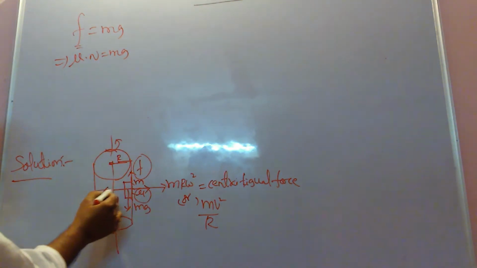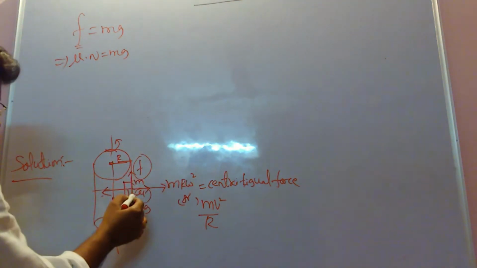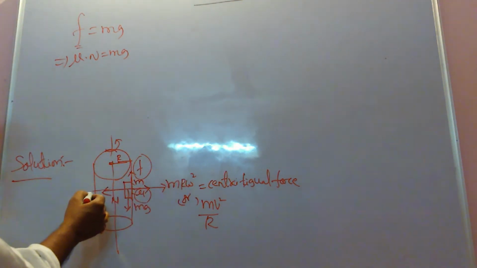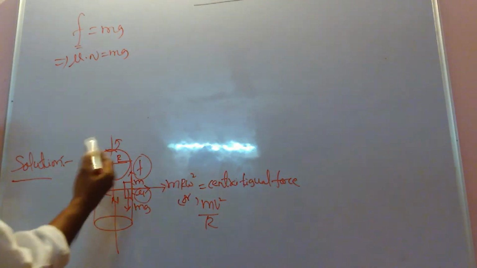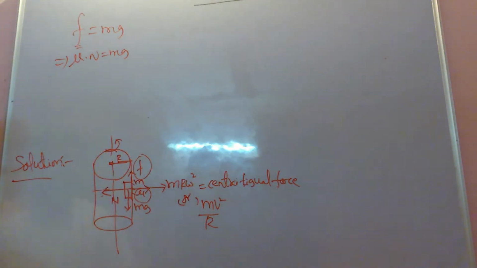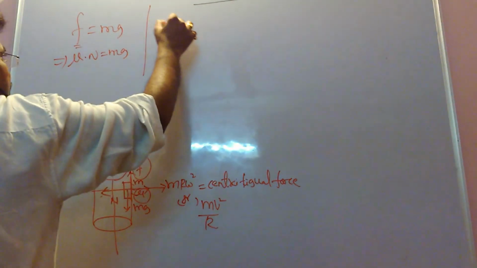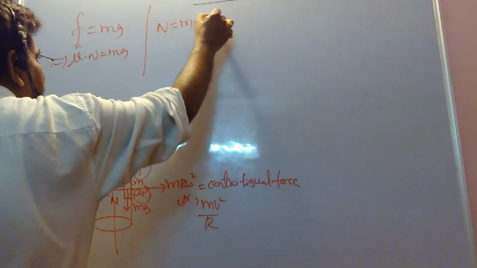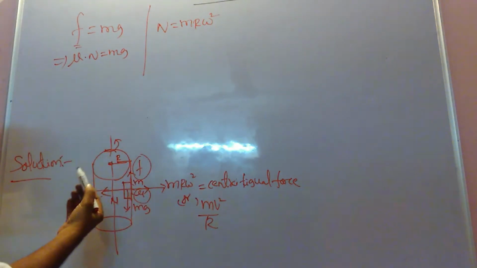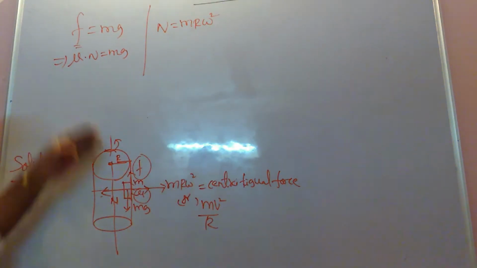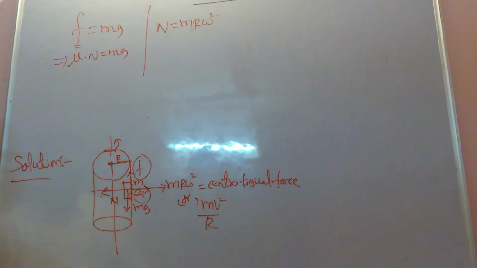Here the normal reaction is equal to the centrifugal force. The normal reaction perpendicular to the plane of contact is created due to the centrifugal force. If it is not rotating, it simply falls. So the centrifugal force creates the normal reaction. Normal reaction equals m r omega square, where omega is the angular velocity of the cylinder about the vertical axis parallel to the length.